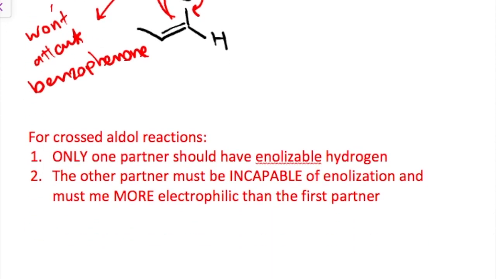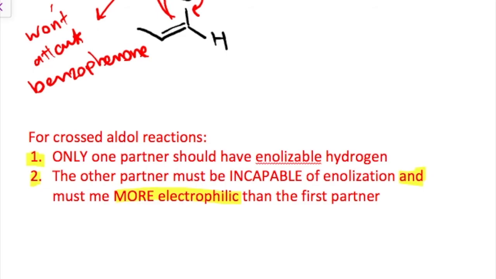So the conclusion is that for cross-aldol reactions to work successfully, you need 2 criteria. Number 1, only one partner should have enolizable hydrogen, the other one should not. Number 2, the other partner must be incapable of enolization and must be more electrophilic than the first partner.